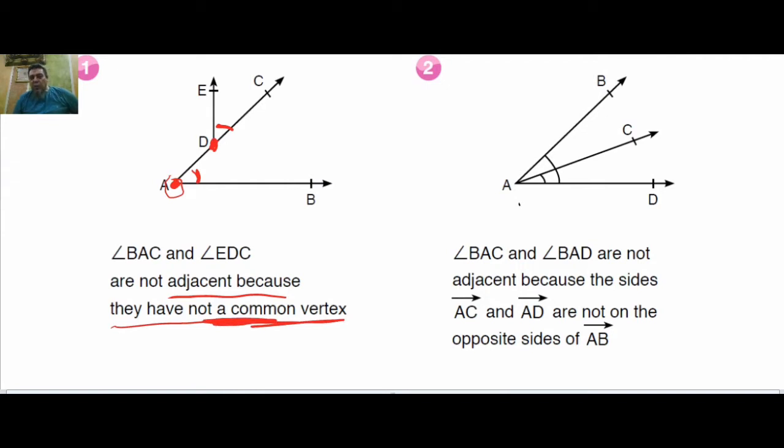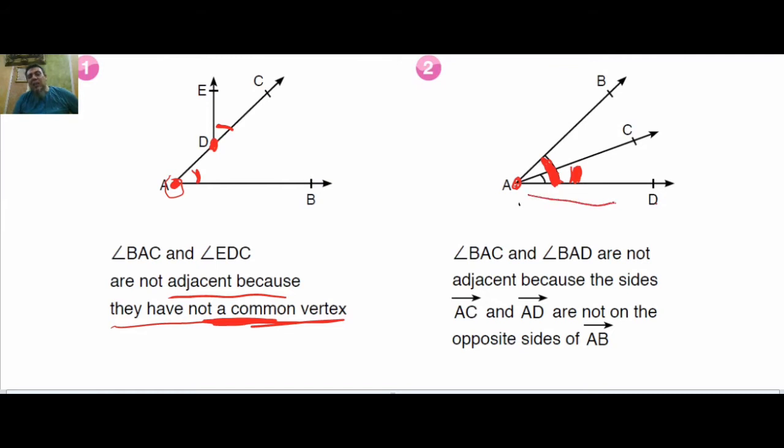Number two, the two angles DAC and DAB. Do the two angles have a common vertex? Yes, A. Do they have a common side?